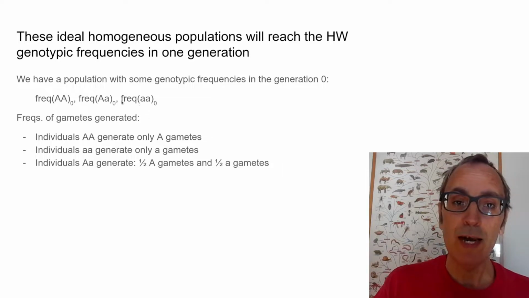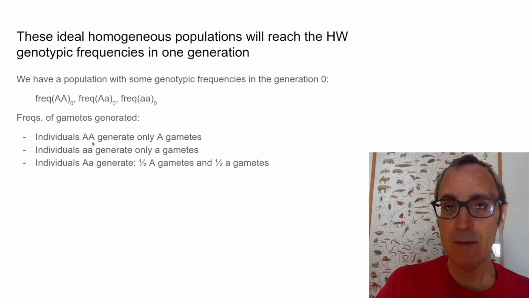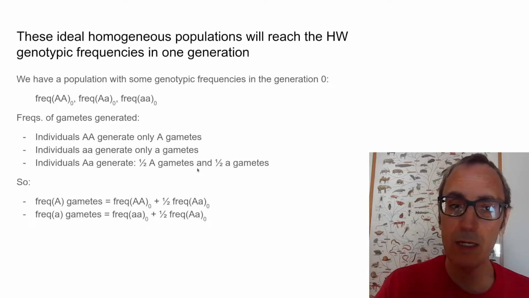Then you can calculate how many gametes will be generated in the population, because capital A capital A individuals will generate only capital A gametes, lower a lower a individuals will generate only lower a gametes, and of course the heterozygous individuals will generate half and half.